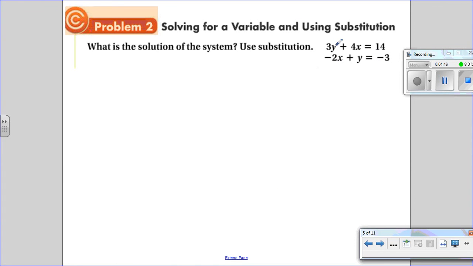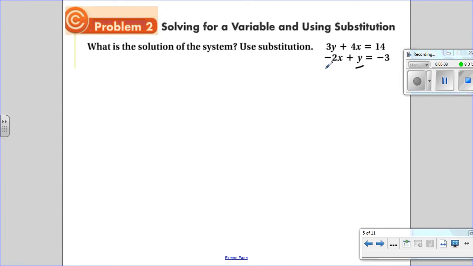What if one of the equations is not in terms of just one variable? Then you have to convert them. You have to basically solve for one of the variables. You can solve for either x or y. It doesn't matter. In this case, y would be the easiest because we already are in terms of 1y.